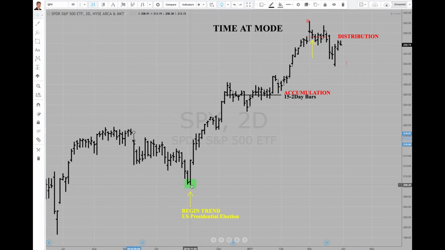In this chart, the U.S. presidential election was a very large 5% down move, which isn't shown here. It happened in overnight markets. This low from the 4th of November, and these are 2-day bar charts, 2 days per bar, is where we begin the analysis.